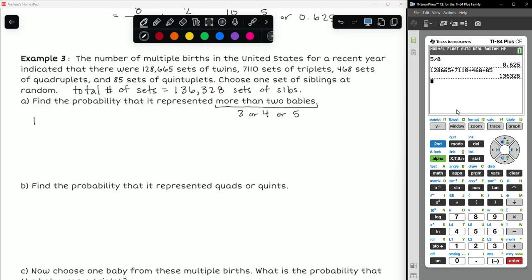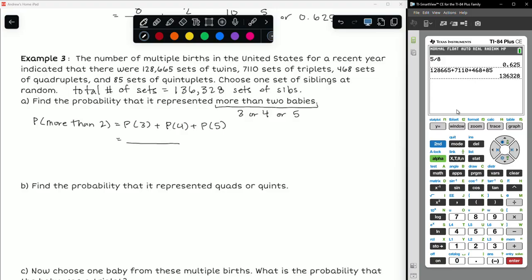So I know that P(more than 2) is going to be P3 plus P4 plus P5. And you'll notice I'm not subtracting off any overlap, because I cannot be both a quintuplet and a triplet at the same time. I'm one or the other. So there's no overlap here.